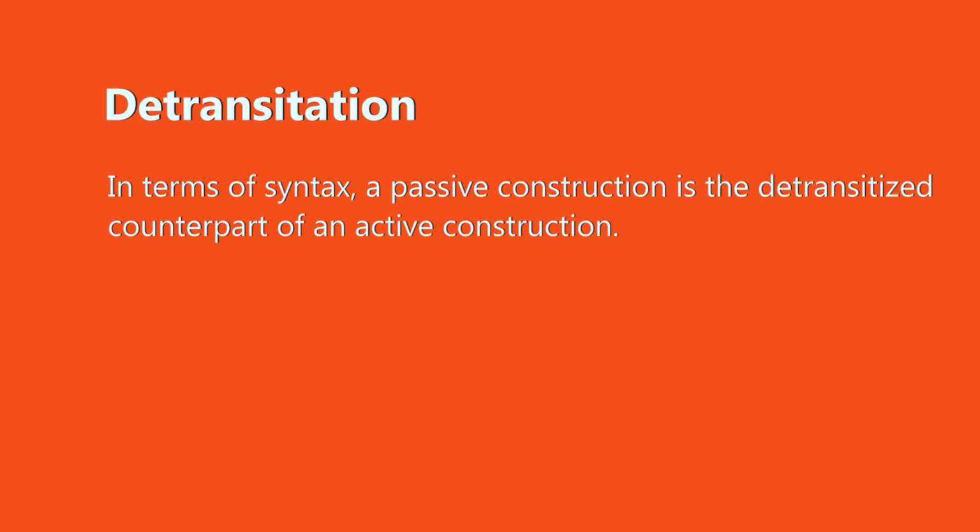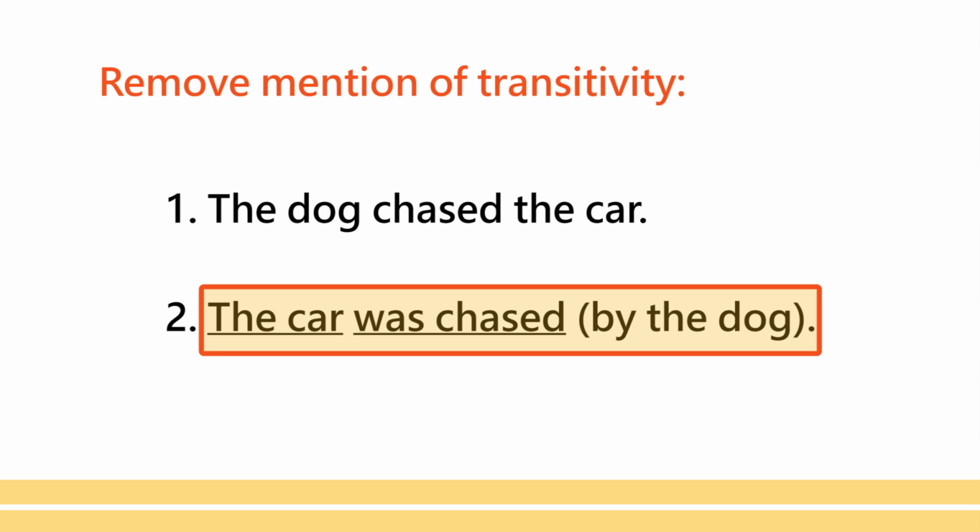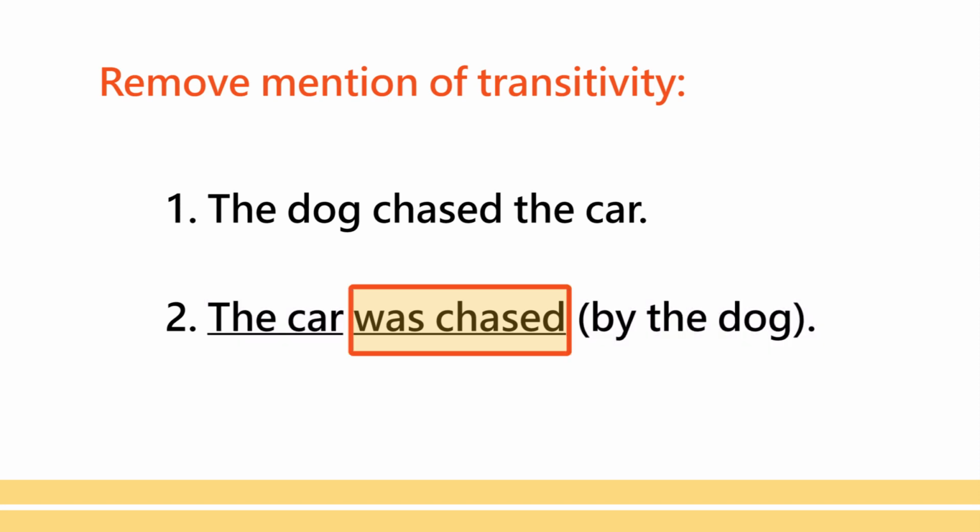Okay, what is a transitive verb? A transitive verb is a verb that requires a direct object. The dog chased. The verb chase is transitive. It requires an object. In this case, the object is the car. So when you turn this into the car was chased, you modify the transitive verb. You provide a construction for it in a way that it does not require an object anymore.